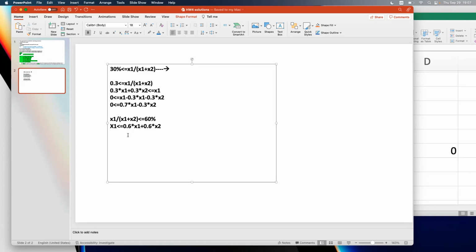And move everything to the left side this time. So x1 minus 0.6 x1 minus 0.6 x2 should be less than or equal to 0. So that's 0.4 times x1 minus 0.6 times x2 should be less than or equal to 0.